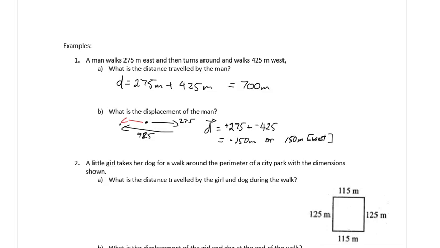Within the context of the question, the negative automatically would assume west. We've used normal conventions here. Sometimes people will flip that, but by convention, we would call west negative.